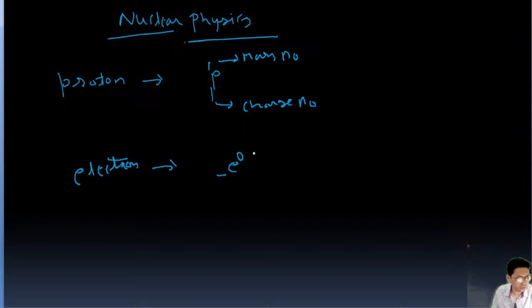So 0 is the mass number and -1 is the charge. Similarly, the neutron is denoted by 0 and 1. Okay, and so what are isotopes, guys?